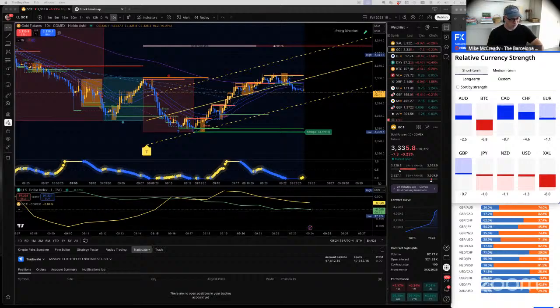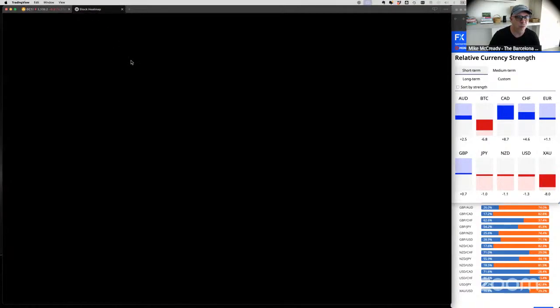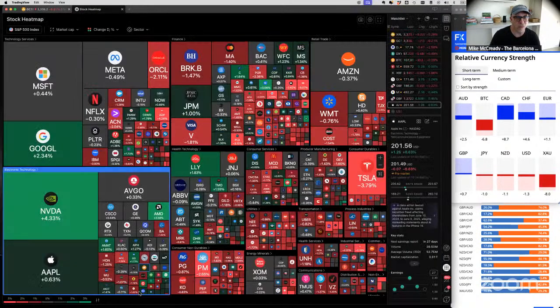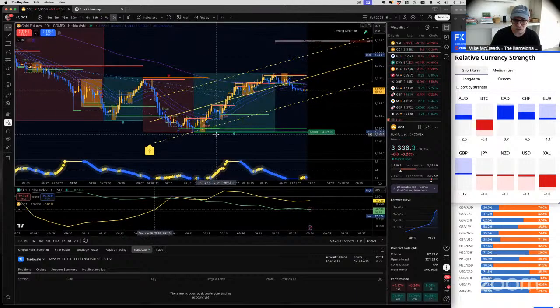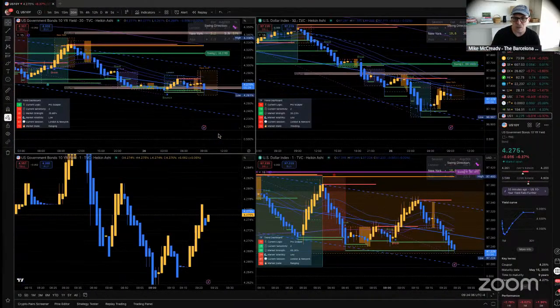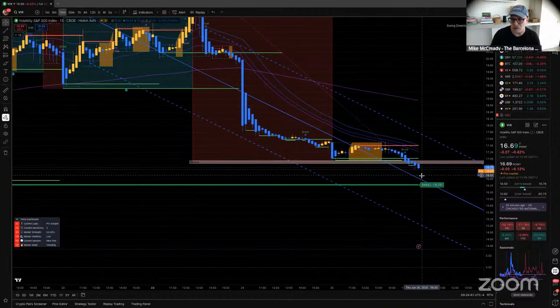All right, we have 6 minutes before New York Stock Exchange opens. See how things are looking pre-market here. Now, as I mentioned earlier, the VIX is all the way down here. Low volatility index.